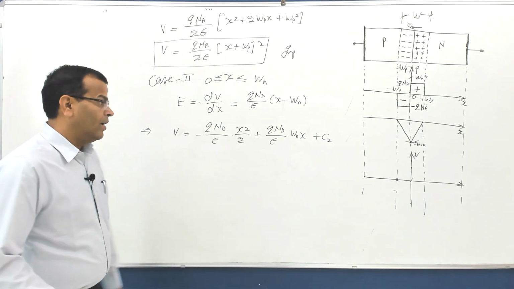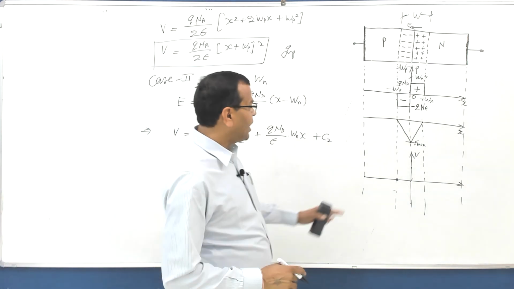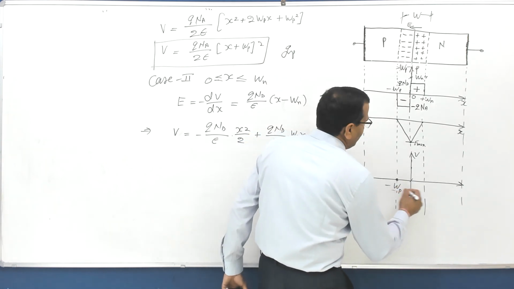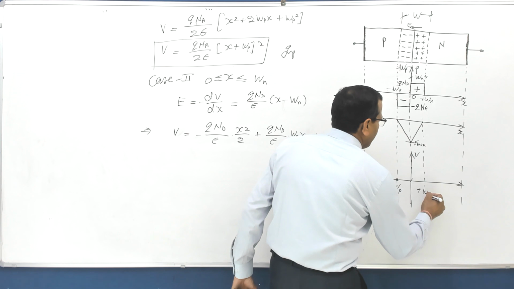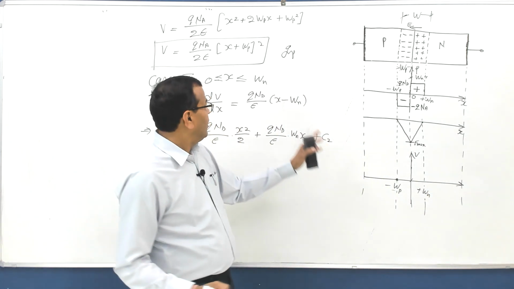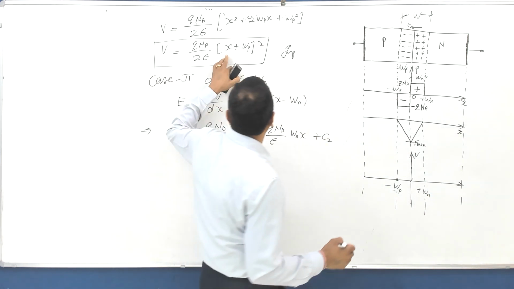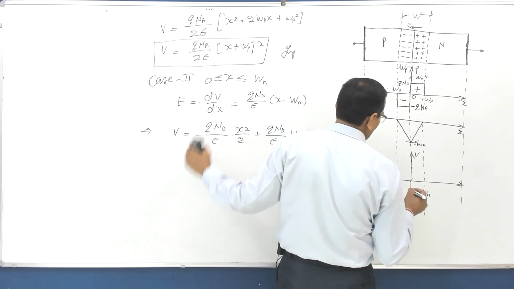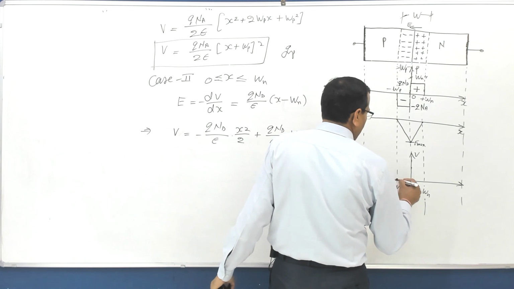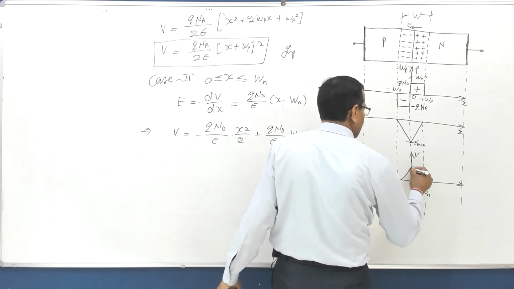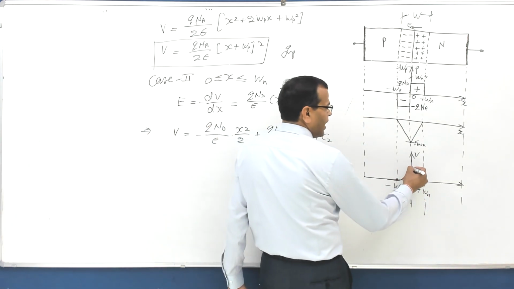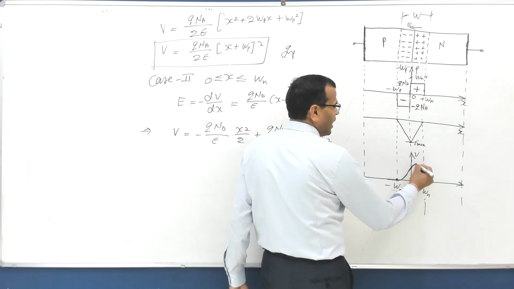Now just try to recall the potential from minus WP to plus Wn, and that is what I am trying to see. The variation of this potential: at x equal to minus WP it is 0. So it is varying like this, and for the further part it has to start from here.